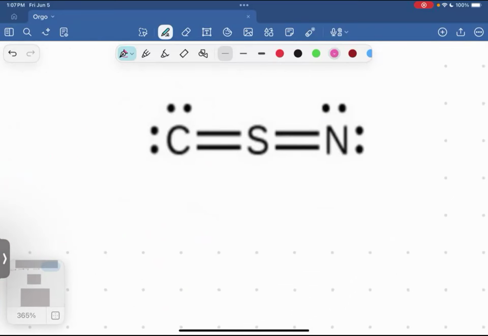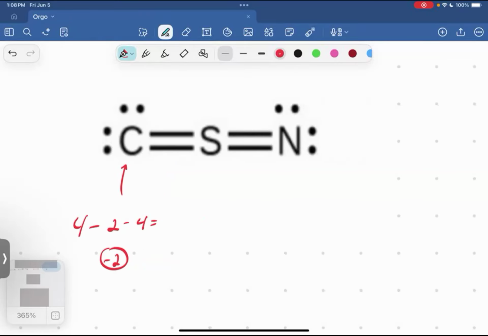How about that carbon? 4 minus 2 bonds minus 4 lone electrons. I believe we get -2. How about the sulfur? Sulfur has 6 valence electrons that's making 4 bonds. As of right now, it doesn't have any lone pairs.